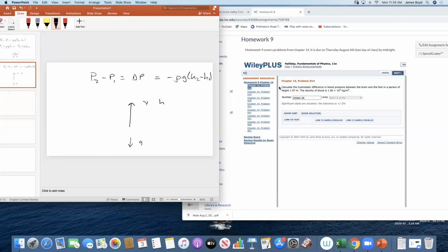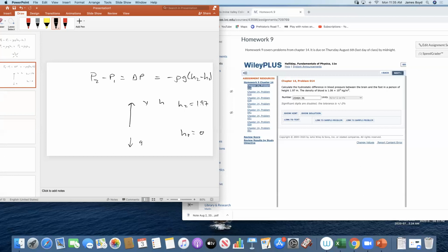H2, well, it depends on the, yeah, anyway. If we defined H2 in this one to be 1.97 and we defined H1 to be 0, you would get a negative hydrostatic difference. So what they really want is they want you to go the other way. They want to know from the ground up.